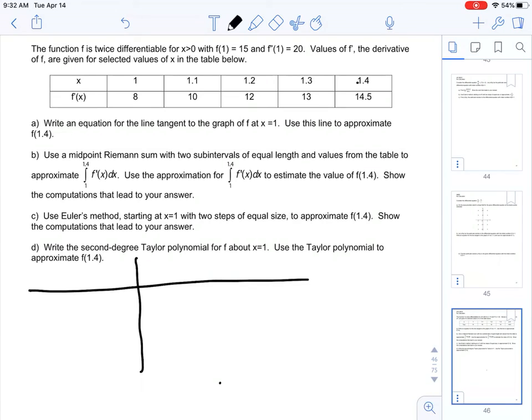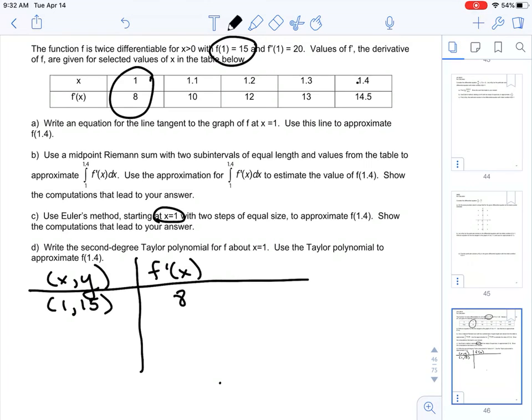So my first column is going to be my point. And they give me a point to start with at x equals 1. And again, the y value is 15. Then I need f prime of x, or dy dx. At x equals 1, we know f prime of x is 8. So there's my derivative.